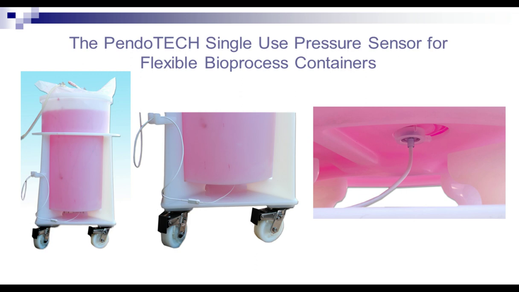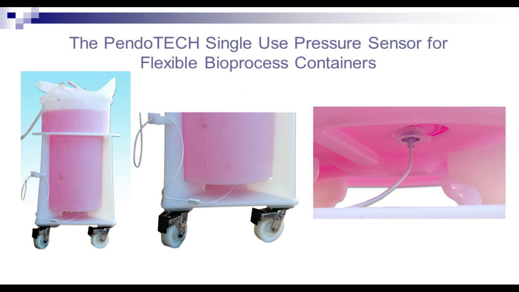In the tote that was used, if you're looking at the middle picture, you can see the pressure sensor cable coming out of the middle in the bottom. And if you zoom in on the last picture to the right, again, this is a close-up of the actual pressure sensor cable coming out.